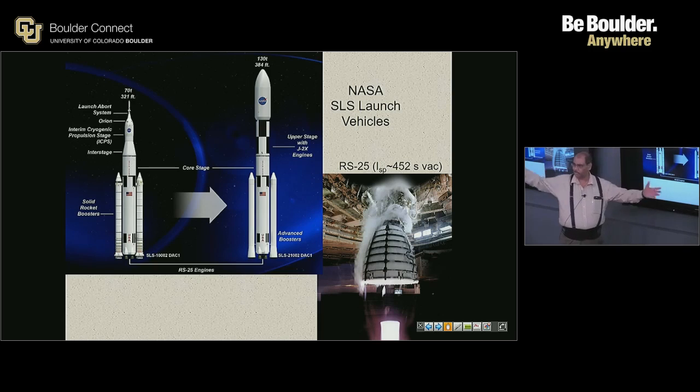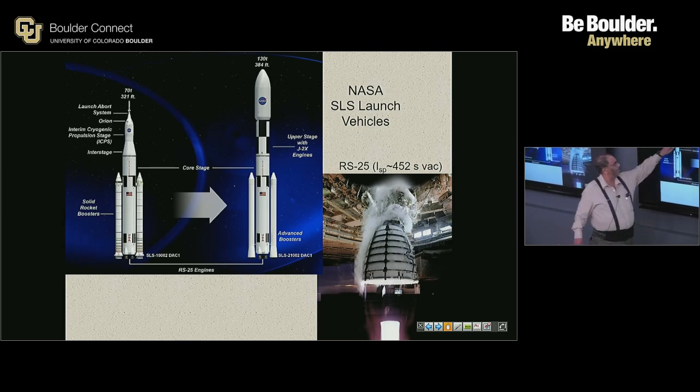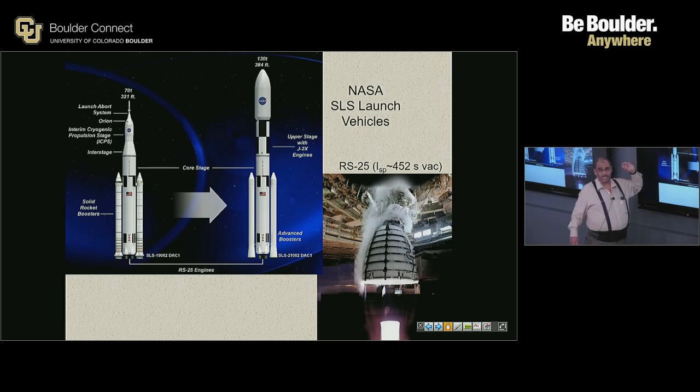They have quite a few of them left after the grounding of the space shuttle. So they're going to use those up. 4 of these engines for the main part of the vehicle, and then an interim cryogenic stage.